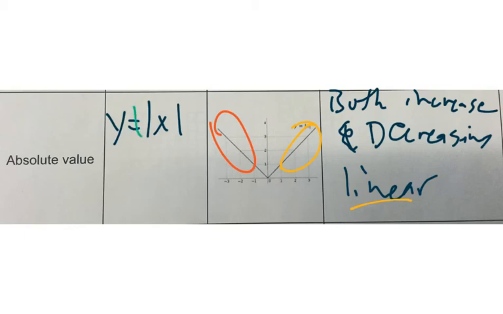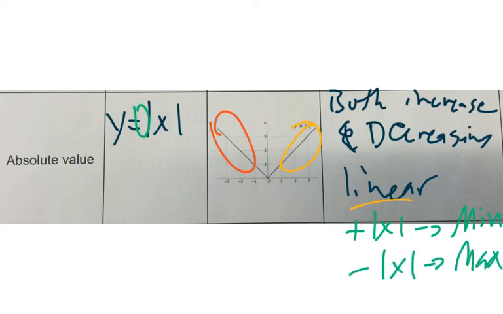If the number in front is positive, it is going to have a minimum, and if it's negative, it's going to have a maximum. Because if it's positive, it'll look like this. If it's negative, it will look like a pyramid.